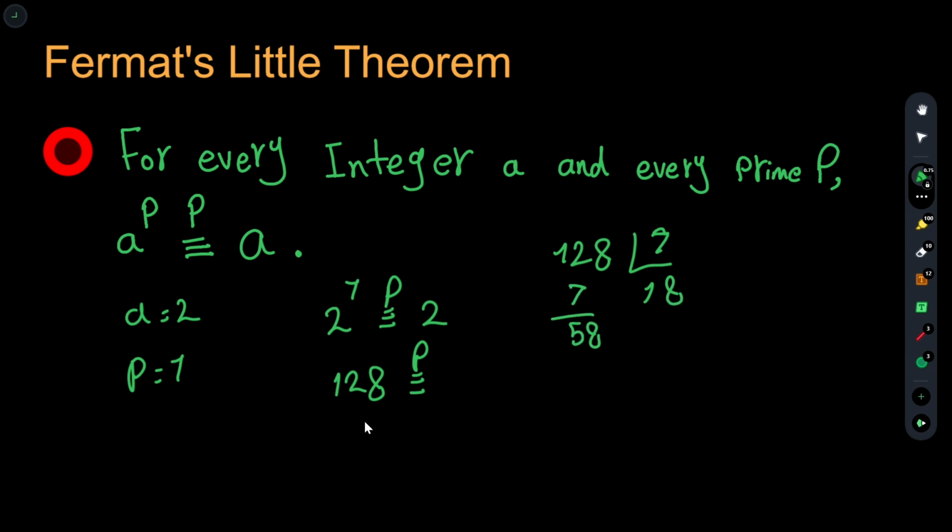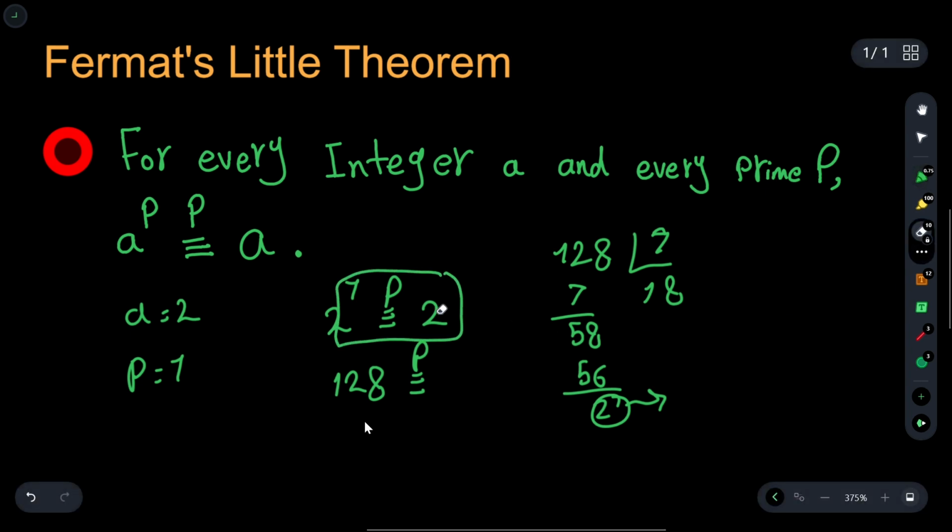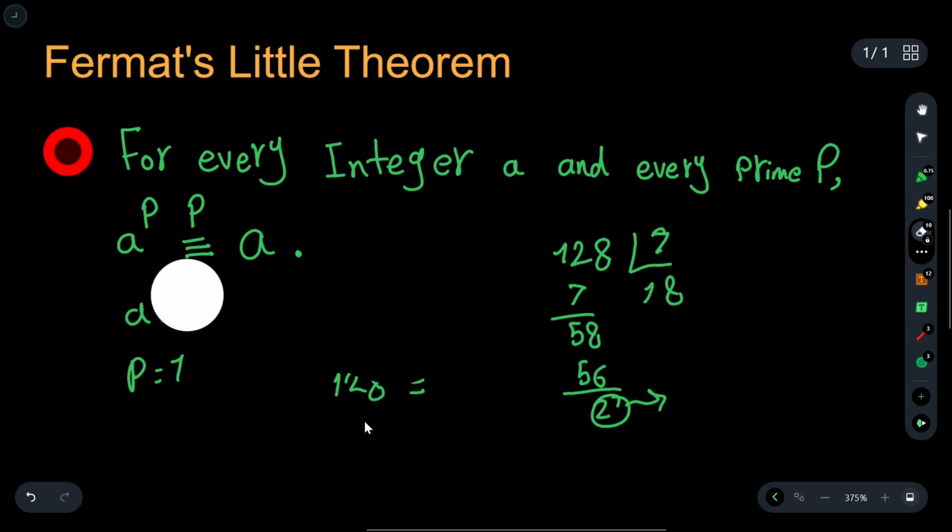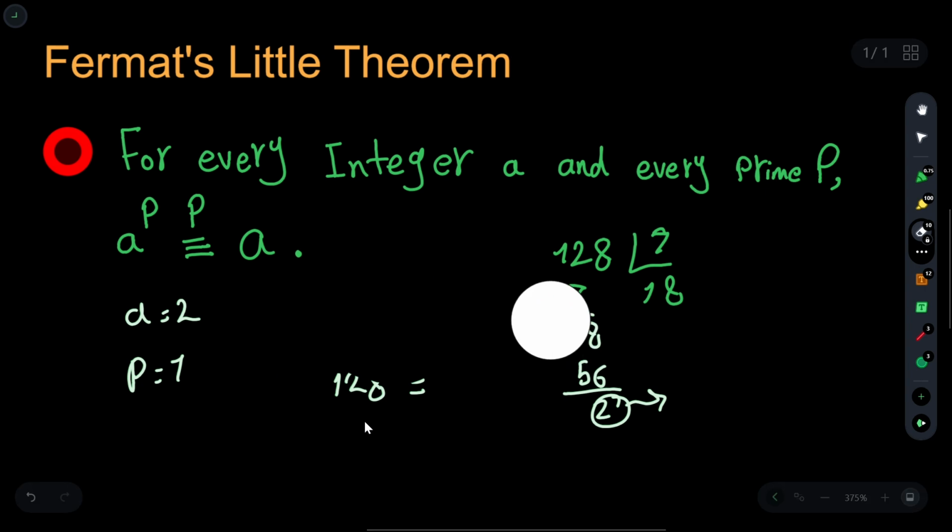And we get 2 at the end as the remainder. So this theorem works right here. We are going to prove it for all p and a that satisfy this theorem.